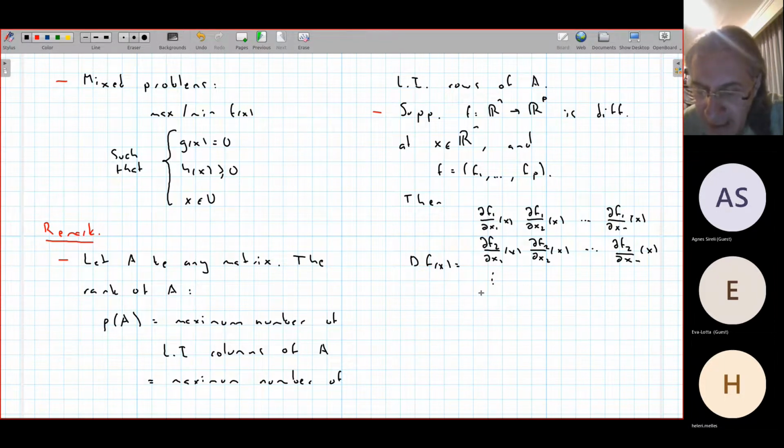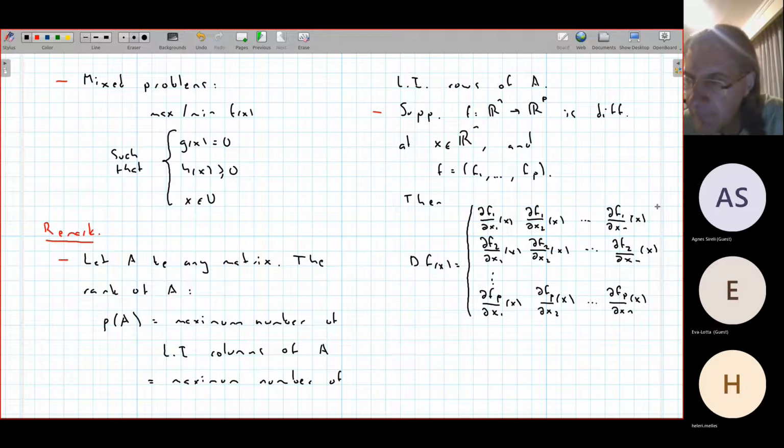You keep going, and finally, you have the partial of fp. Okay, so that's a derivative, right? Okay, so I'm going to use both concepts.